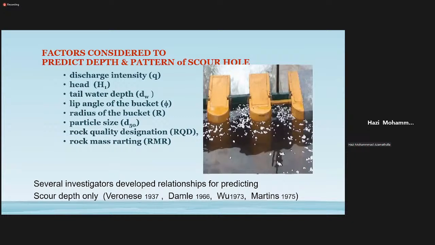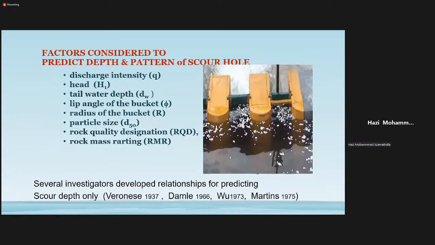As I mentioned, Damle considered head as reservoir level minus, he considered until the lip. But in my case, H1 means reservoir level to tail water level. That's what I consider here, and also tail water depth, and also lip angle of the bucket, radius of the bucket, and particle size, D50.